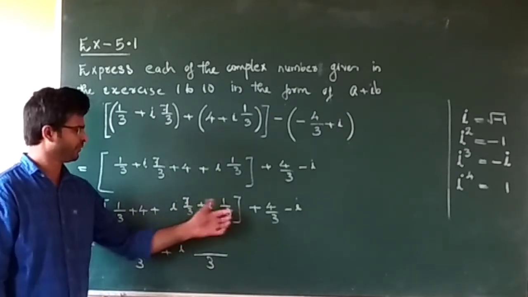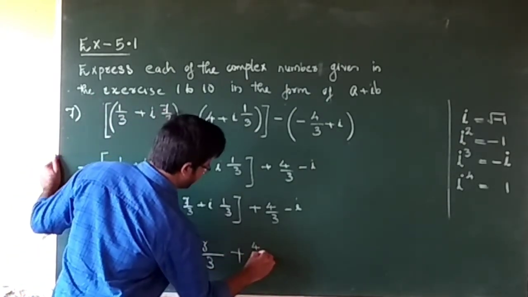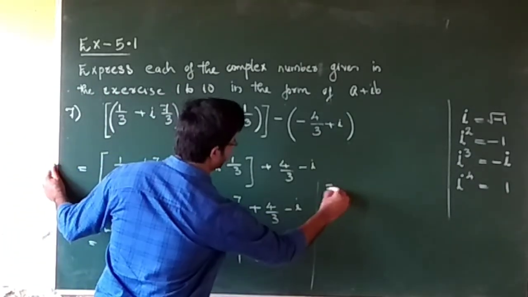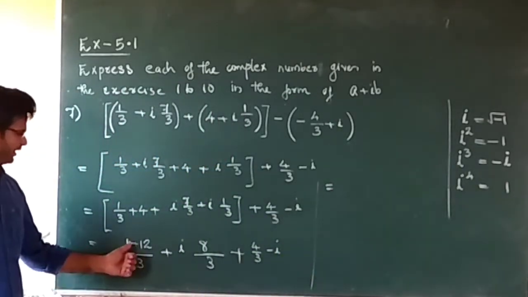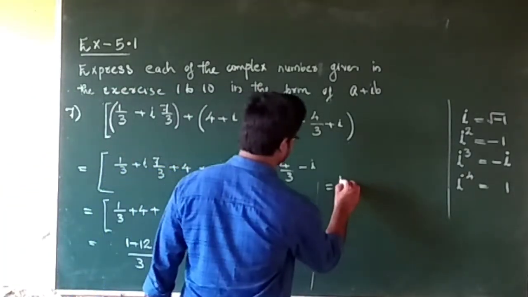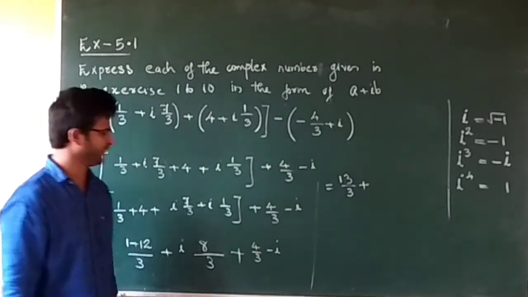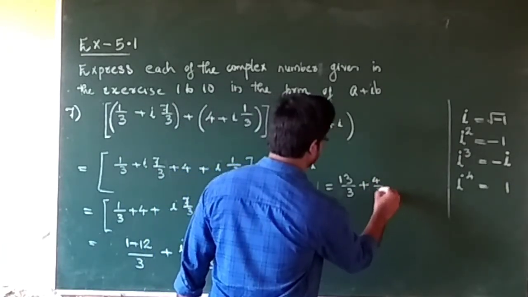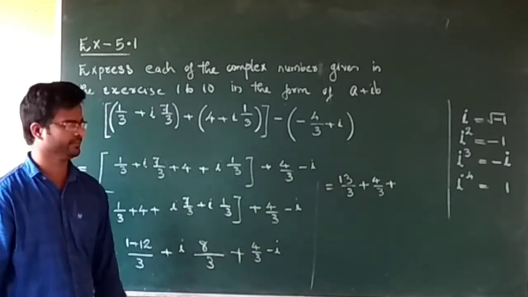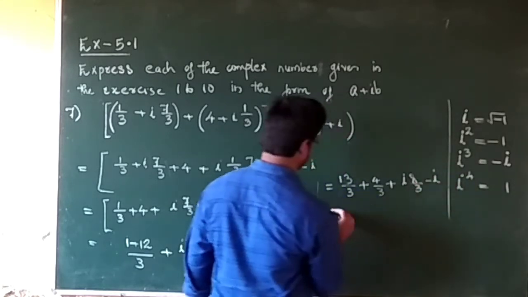Then 7 plus 1, we can write 8, plus 4 by 3 minus i. 1 plus 12, 13, 13 by 3 plus this 4 by 3 also we can write together, 4 by 3, plus the remaining i 8 by 3 minus i, 8 by 3 minus i.